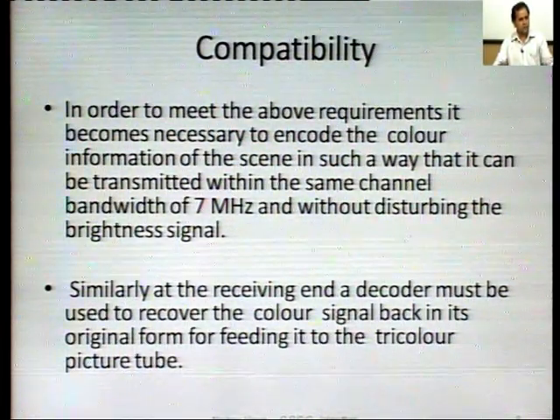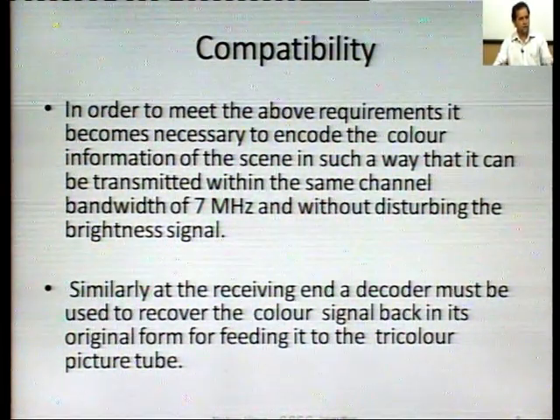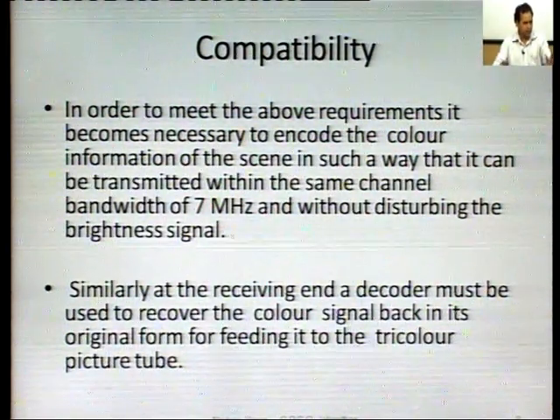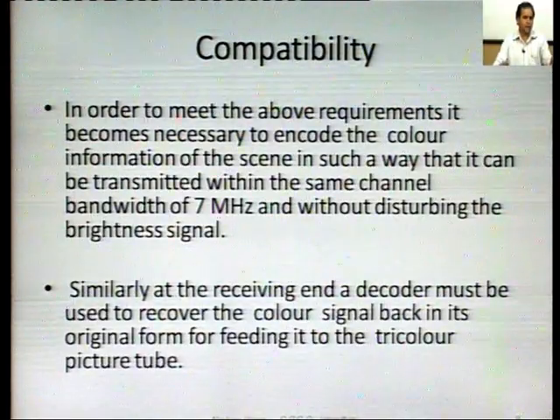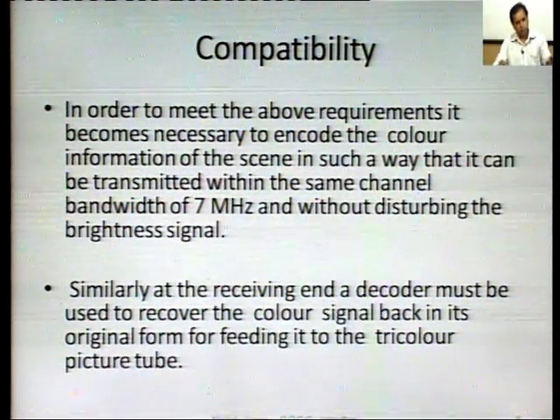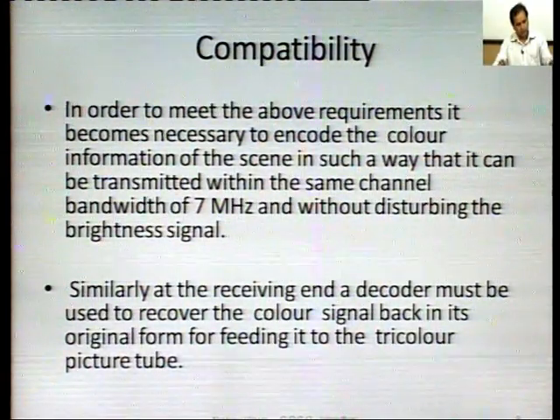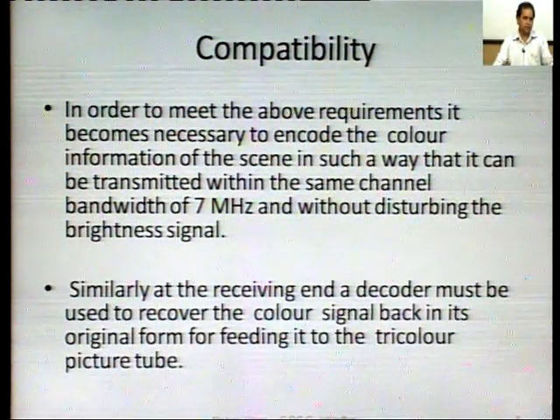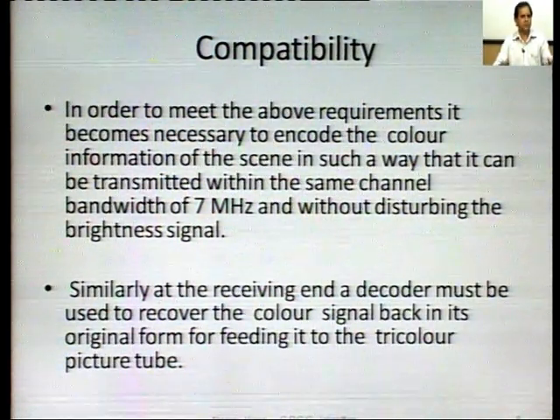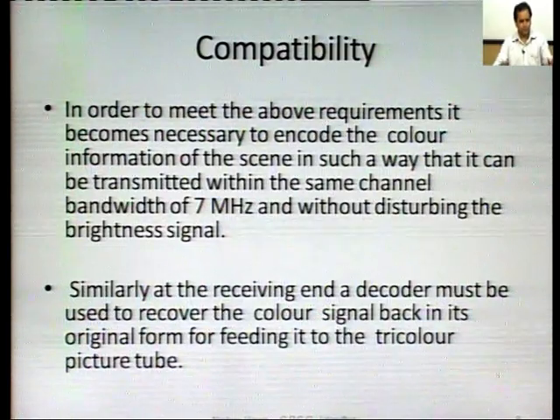All the sync signal, picture information, sound signal, guard band and color information are carried within that 7 megahertz. If it is a monochrome system, we have 7 megahertz, and if it is a color system, we have the same 7 megahertz bandwidth.